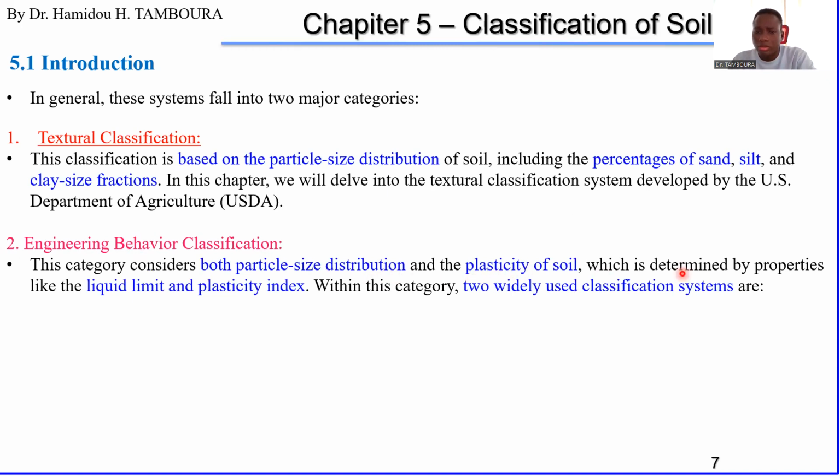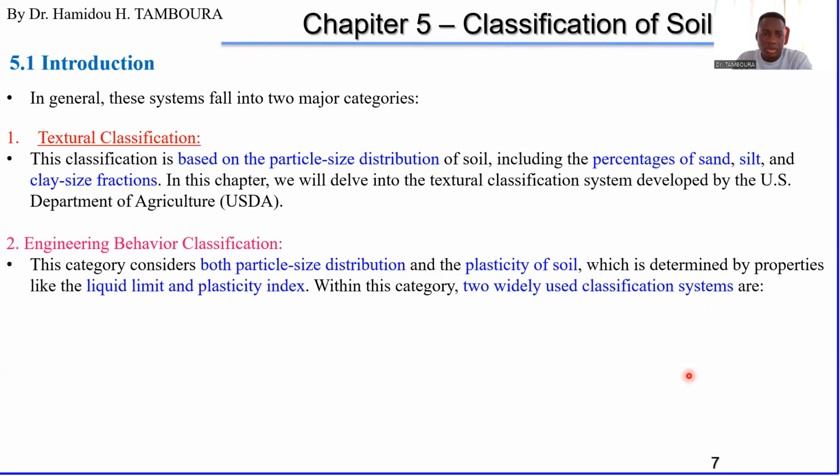We talked about particle size distribution in the previous chapters, and plasticity is the chapter 4 we just finished. So this type of classification uses both particle size distribution and plasticity of soil.